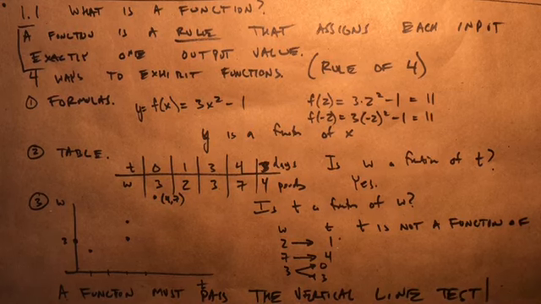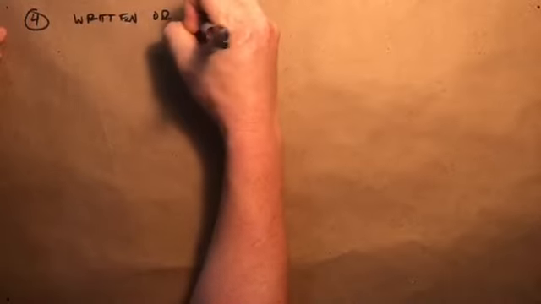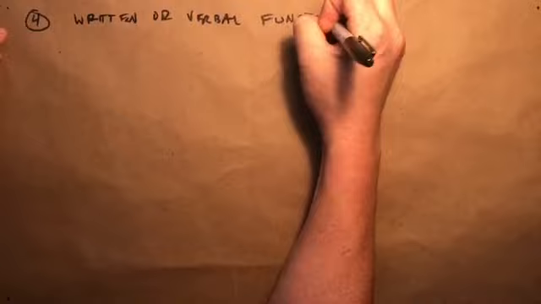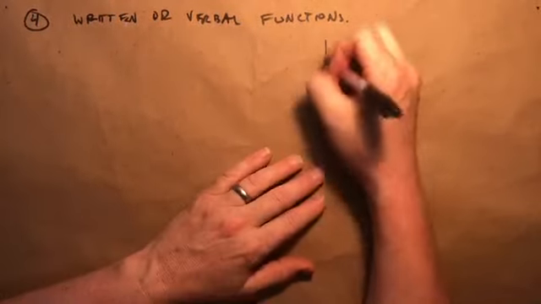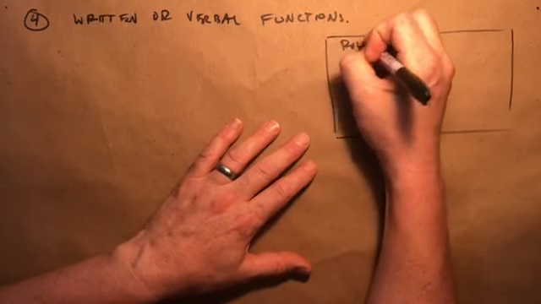We have one last thing to talk about, a verbal or written description of a function. So we talk about our fourth way of describing functions, written or verbal functions. And we have to keep in mind that a function, the main idea here is that we're dealing with a rule.